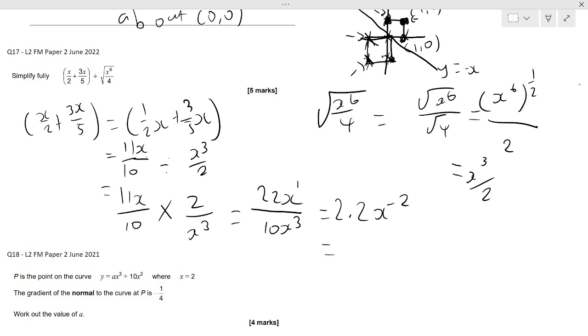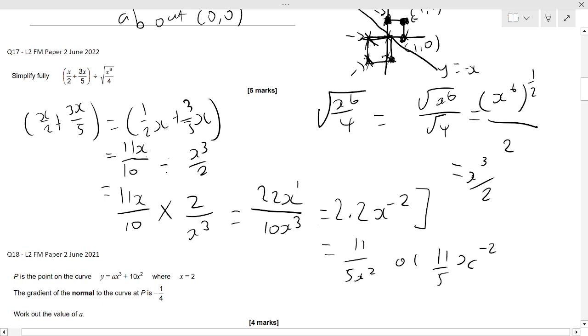Or the other way with fractions, this would be 11 over 5x squared or 11 over 5 x to the minus 2, whatever you prefer. But I imagine some people might struggle with the fraction bit with the simplifying. You could do it like this. I'm going to double check the mark scheme, to make sure I'm not saying anything wrong.